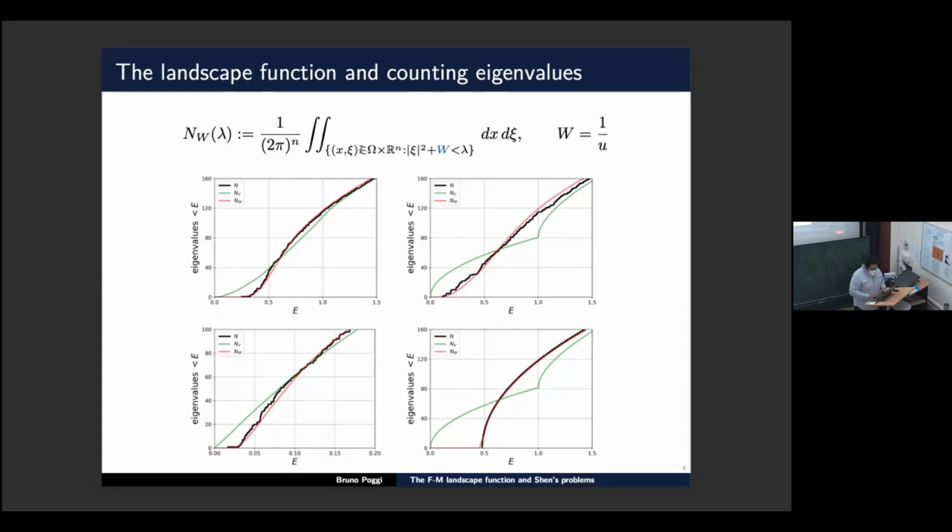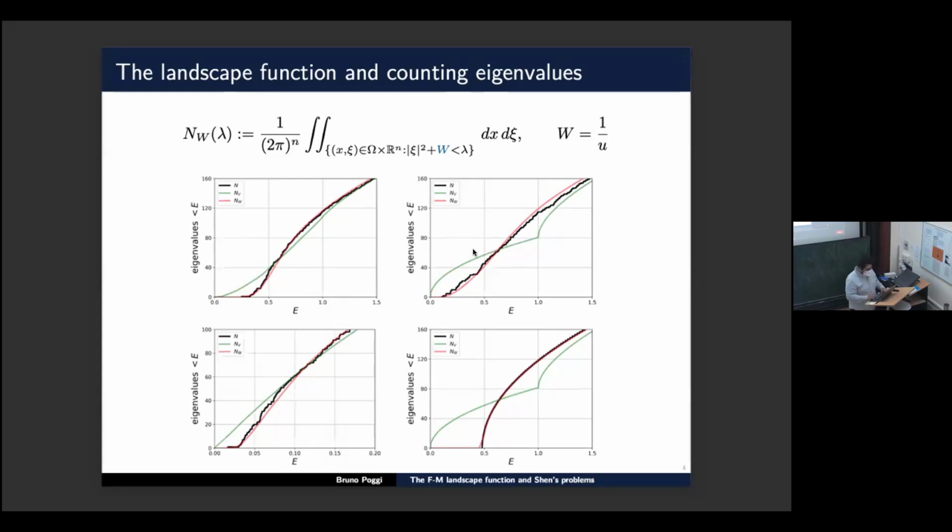But the interesting thing is that when you use a slightly changed version of Weyl's law, where you introduce 1/u, where u is the landscape function, which we call W in these pictures, then you see that it tracks the eigenvalue counting function much more closely.